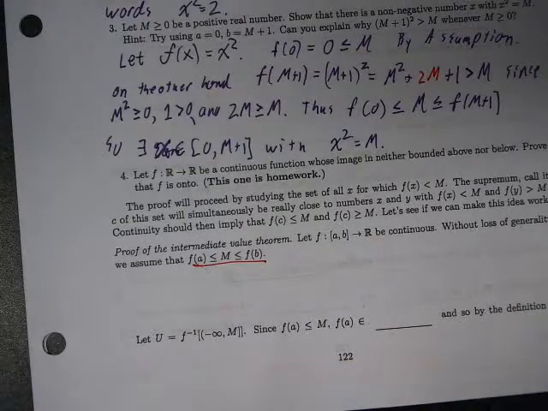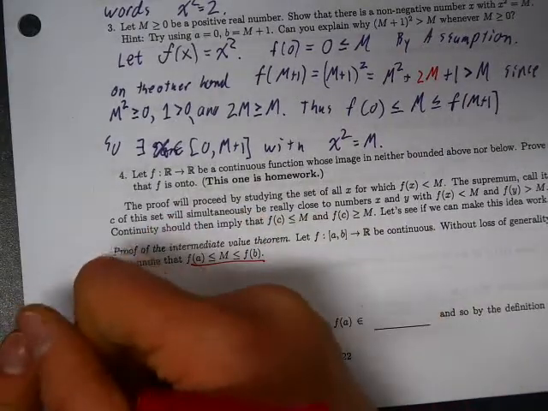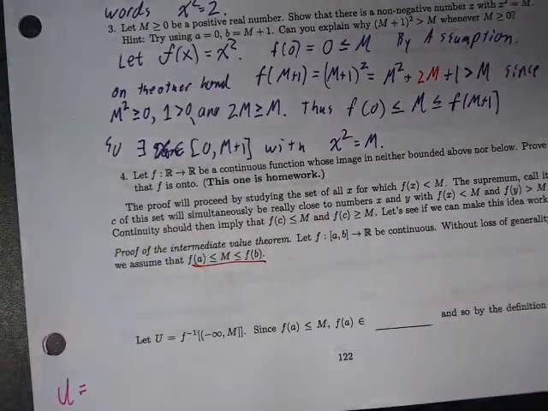So as I said, I'm going to want to think about all x values where f of x is less than or equal to m. So let's just declare that to be a set. Let's set U to be the pre-image of negative infinity to m. And as an aside, let's write out what that means in terms of definitions.